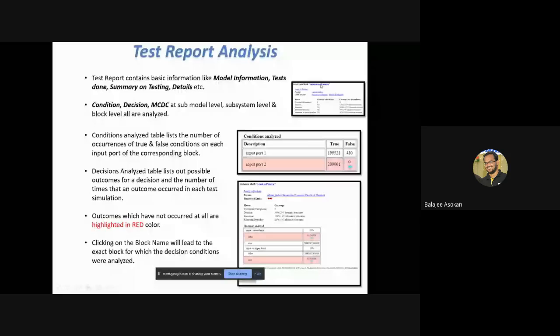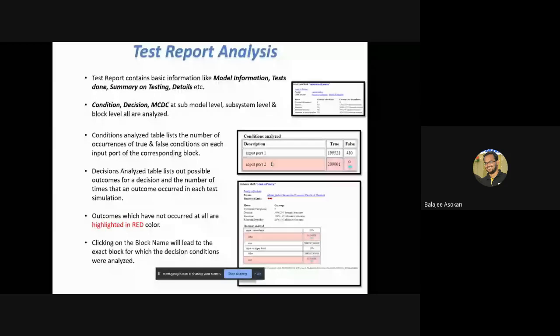It is checking for two input ports. In that, only one input port satisfies all conditions. The second port is not satisfying the different conditions. So it analyzes that and gives the report, where I can quickly check it, go back, fix it, and then retest my model.